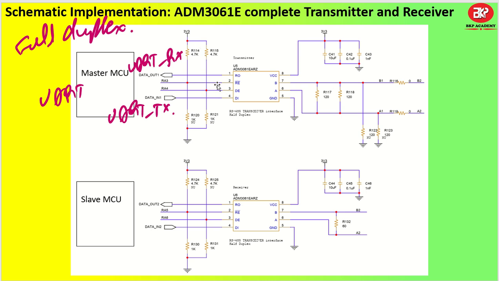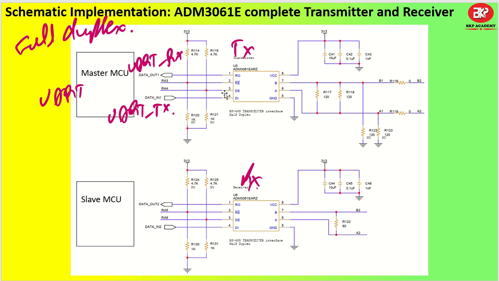Now this AB signal is going to go out as driver output. Now this is acting as a receiver because both of them have been pulled low, the receiver enable as well as the driver enable. So this IC is acting as a receiver input. In that case this will act as a receiver, and this will act as a transmitter. It is not full duplex, it is still half duplex because the same IC has been taken here.